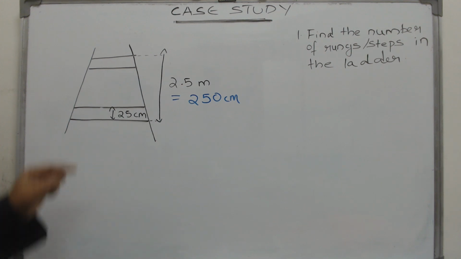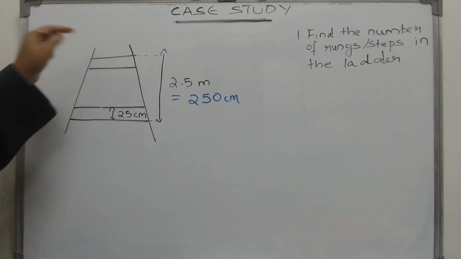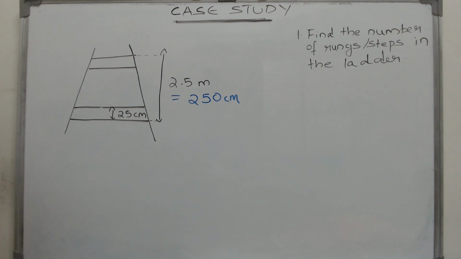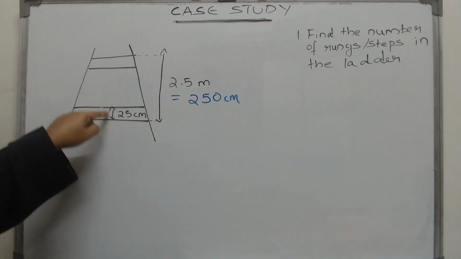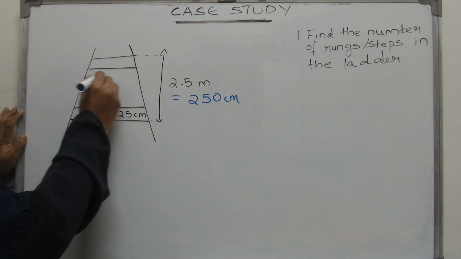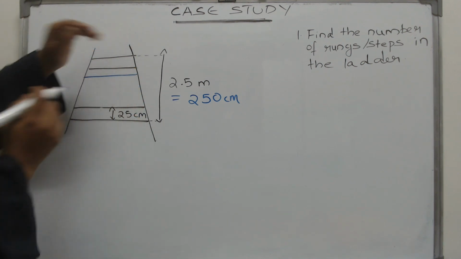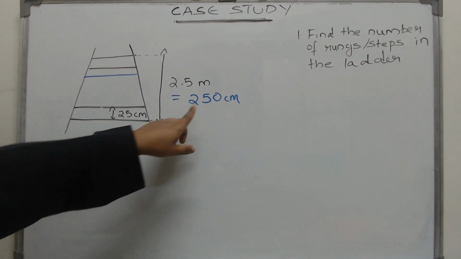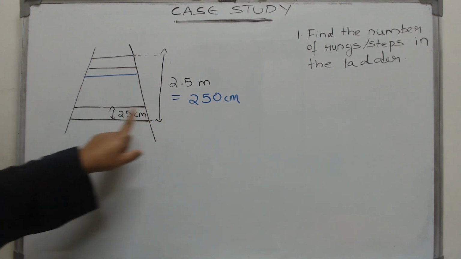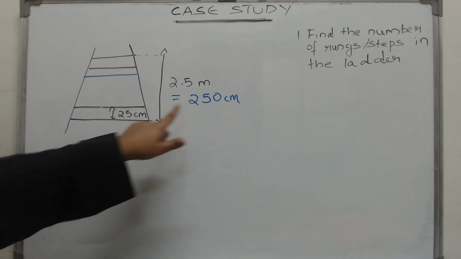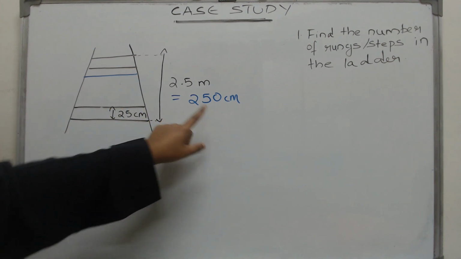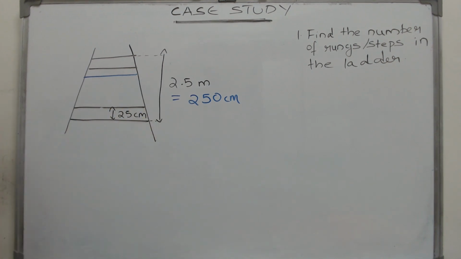What you have to find is how many such steps there are, but instead we will find out how many such divisions there are. The total length between the top and the bottom steps is 250 centimeters. How many 25 can you find in 250? That is the number of divisions.